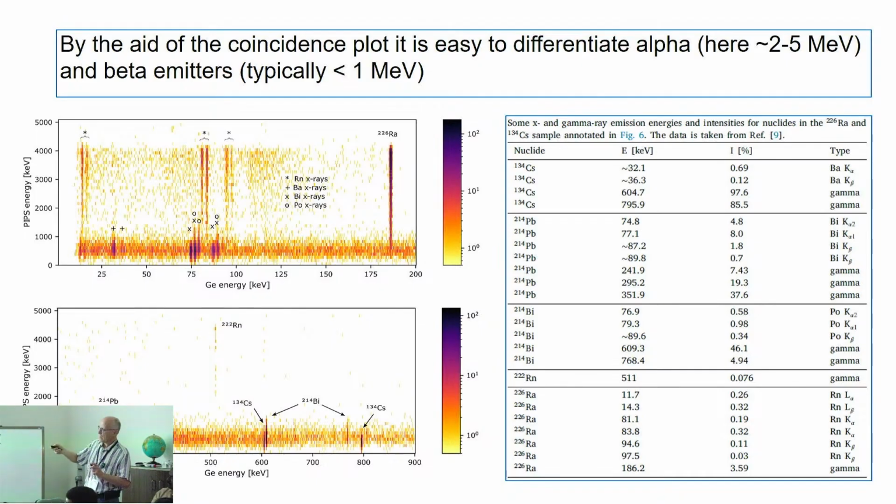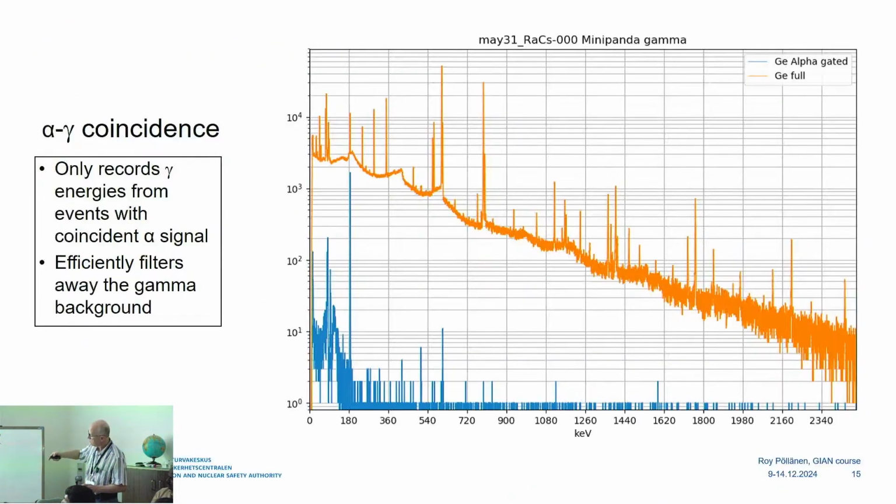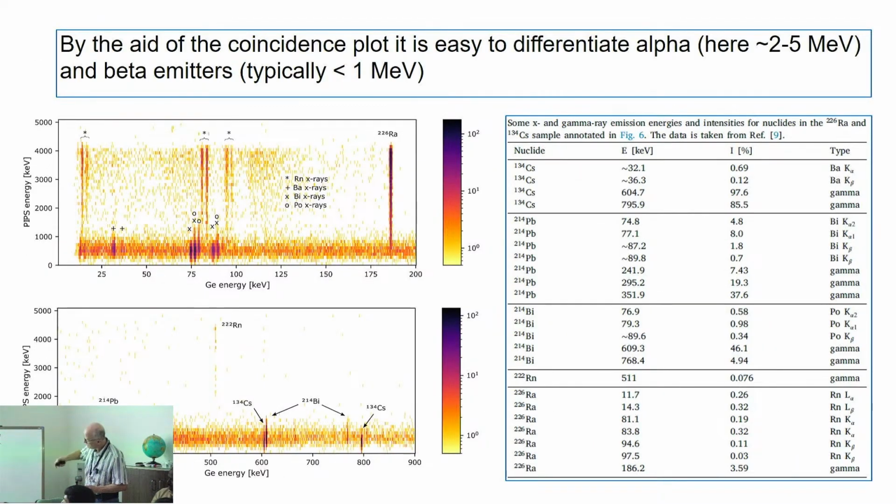For example, let's look at this example. This is gamma energy, 100 up to 900. So as you know, lead 214 emits these gammas. You analyze these gammas in the lab.